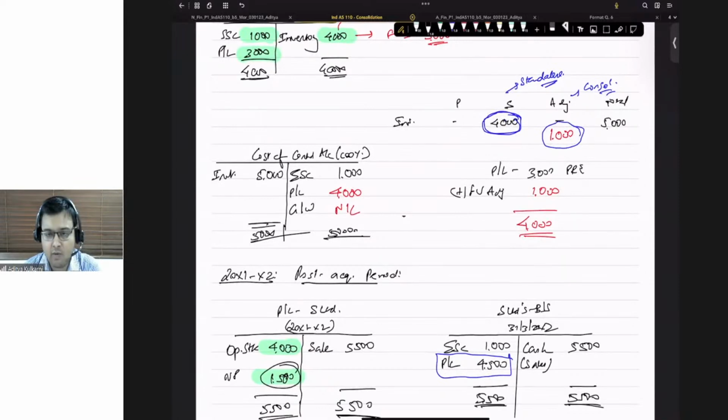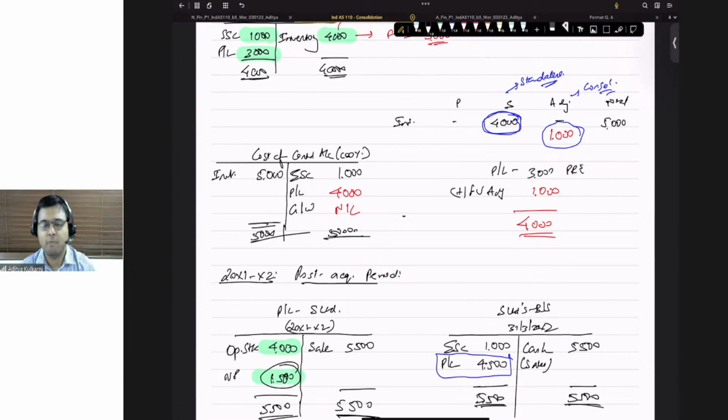On the date of acquisition, your inventory gets consolidated in this manner. P has no inventory. S had an inventory of 4,000. That 4,000 has to increase by 1,000. So P&L was 3,000. That became 4,000 by virtue of fair value adjustment of 1,000.